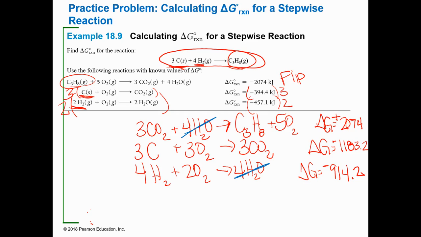We can cross it out, just like in math class when we cross out the x's that are the same, or the y. I've got 3 CO2, 3 CO2. And look, I've got 3 plus 2, so that's 5, and that'll cross out with this one. So left, I have 3 carbons plus 4 hydrogens to make our propane, which is what we were looking for at the top.